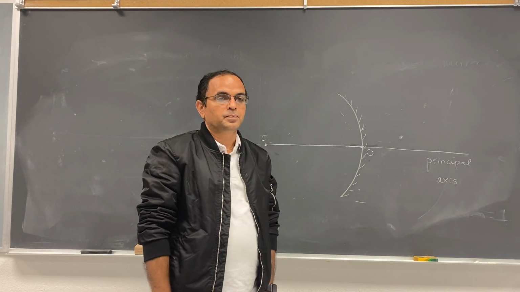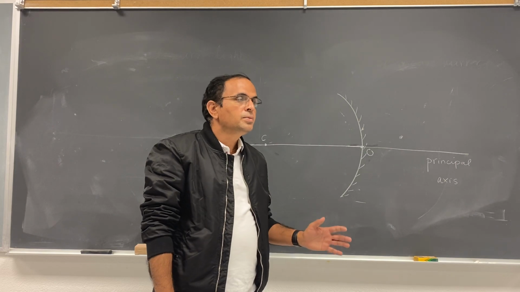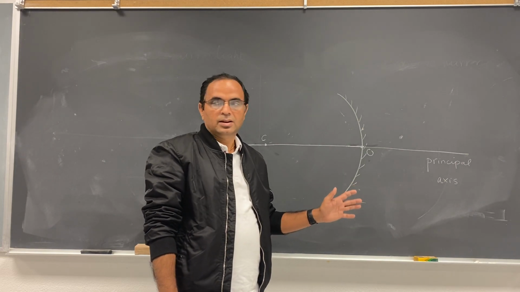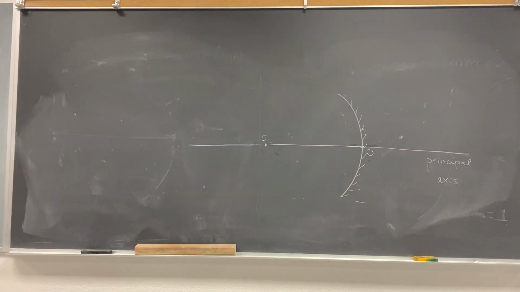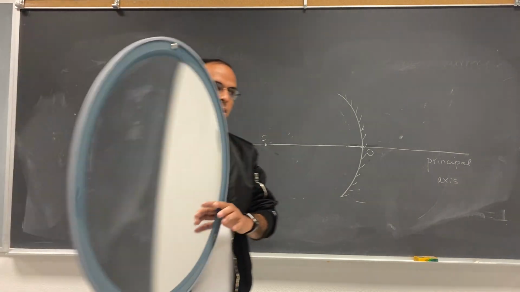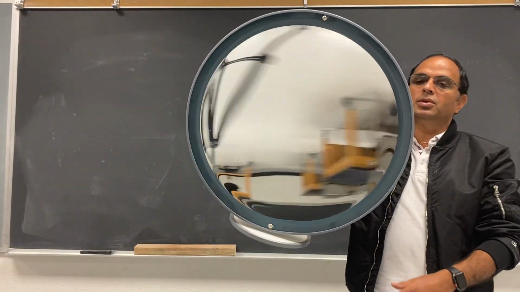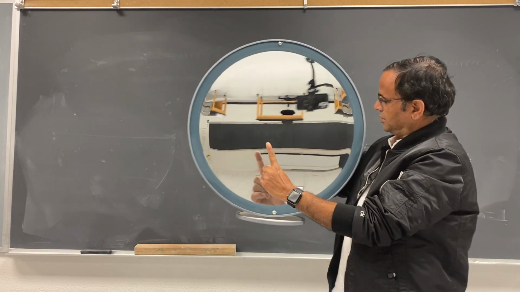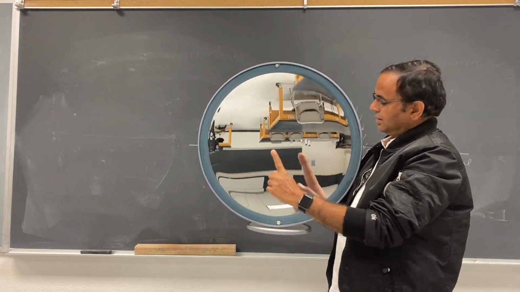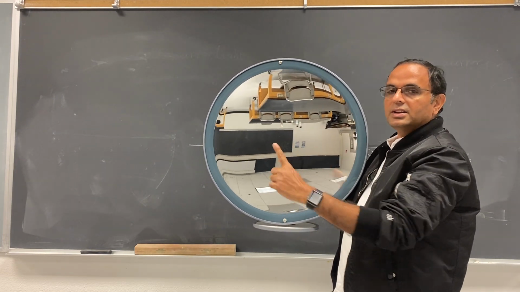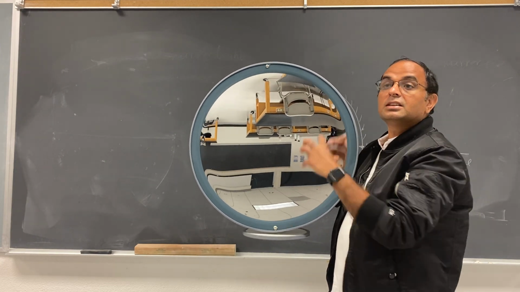Here you have to draw the ray diagram. I'm talking about this mirror. If you keep the object very close, you can see the image is different. It is not like a plane mirror, it is a spherical mirror.